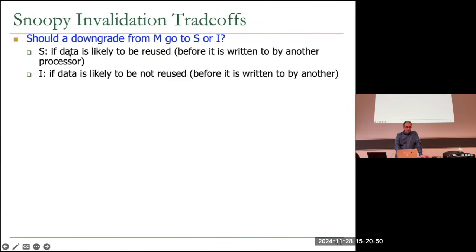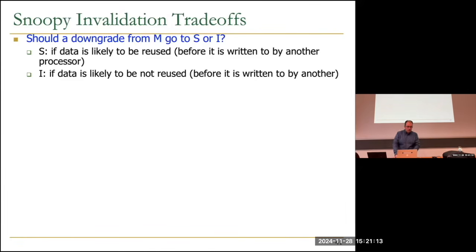So you are in a modified state, right? And then another core wants to have the data. Are you going to the shared state, meaning that you want to be one of the cores that has this data, or do you just invalidate your copy?